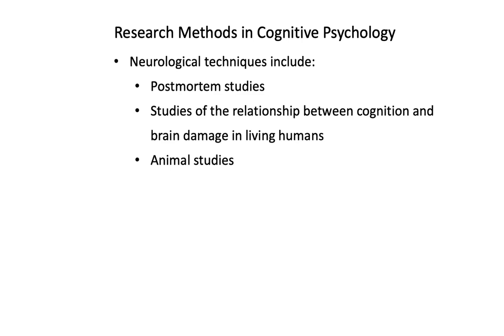Or if somebody had to undergo a necessary brain surgery, right? Maybe there was a tumor, or they're having very severe seizures that are originating from a certain part of the brain, and it's not responding to anything else, then maybe that brain tissue needs to be removed as a last resort.